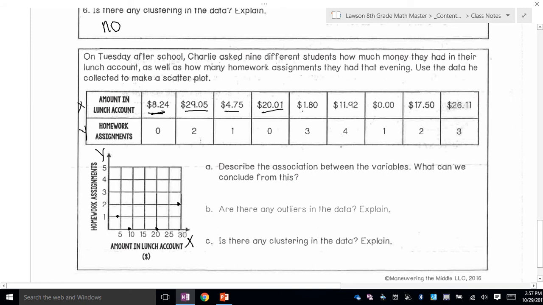Our fifth student at $1.80 has 3, so just right here in front of $1, I'm going to go up and put something right before 2. Give me a good point here. Our sixth student at $11.92, almost 12, okay, is going to have 4 assignments. So I'm going to put a point here.